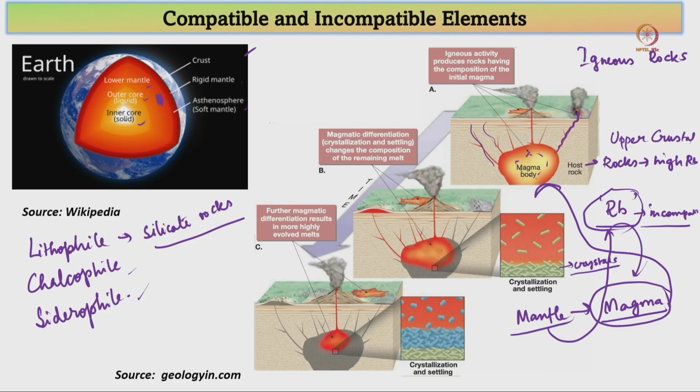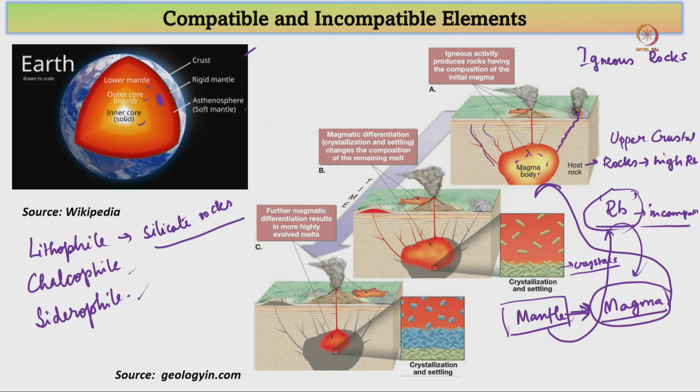Again, my rubidium is an incompatible element. So, when my mantle is melting to form magma, my rubidium will prefer magma over the mantle phase.